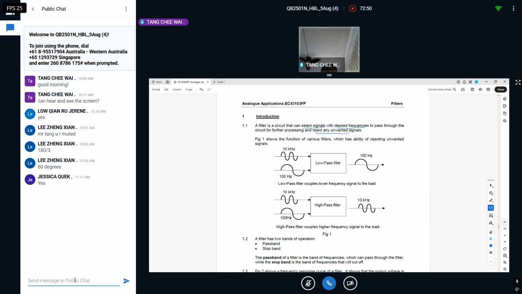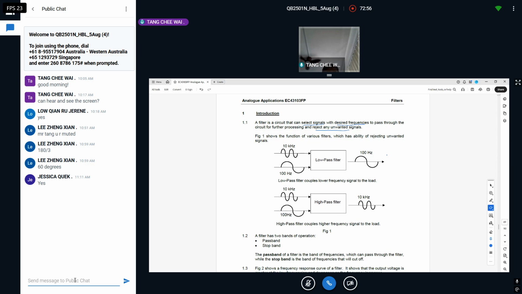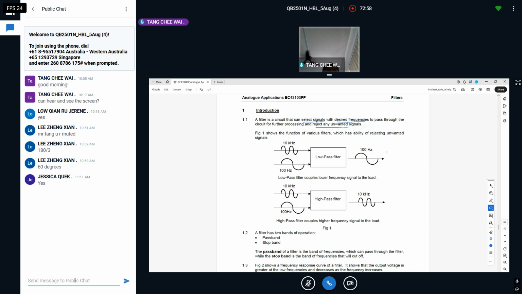Let's do a quick look at this block diagram, which could be helpful for you to understand it quickly. For example, we talk about a low pass filter right in the middle here. And then you send two sine waves, for example, with two different frequencies.